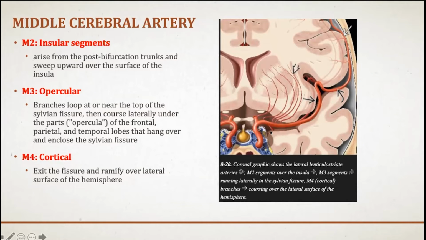Like I was saying earlier, this is the M1, and then you see off the ACA the medial lenticulostriates, and off the MCA, you see the lateral lenticulostriates. And then you get into the M2, the M3, and then the M4 are the cortical branches of the MCA, and they exit the sylvian fissure over the lateral surface of the hemisphere.